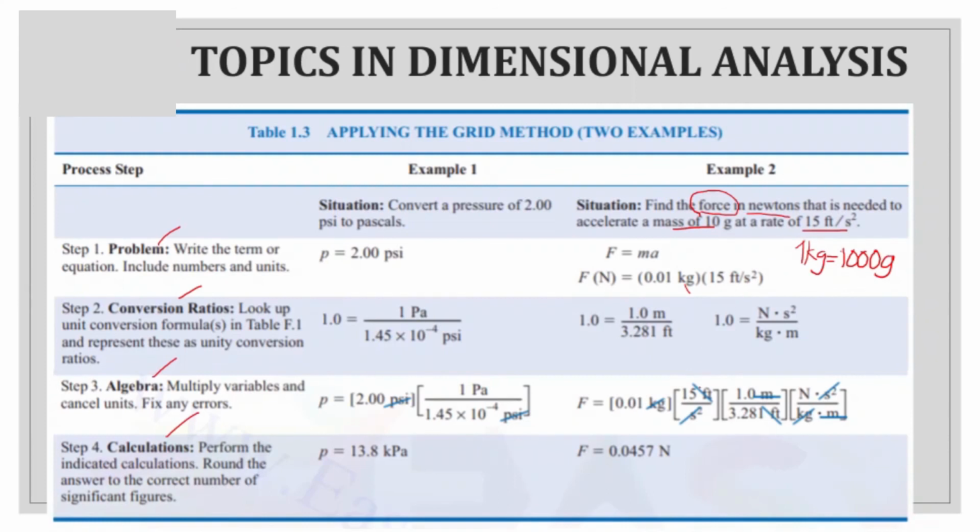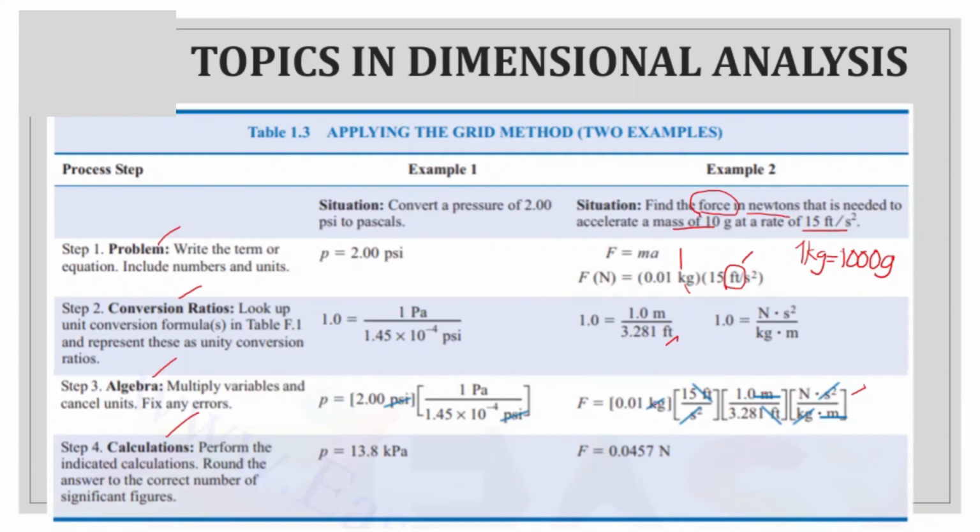Also we are tasked to convert feet, since we are not consistent with our unit system: our mass is in SI and our acceleration is in USCS. We all know that in every 1 meter there are 3.281 feet. So we'll convert feet into meters.